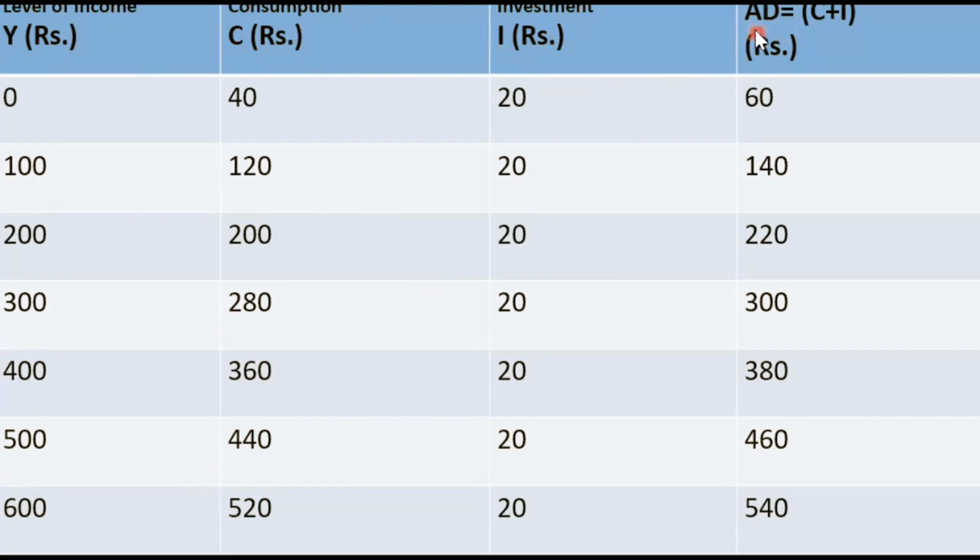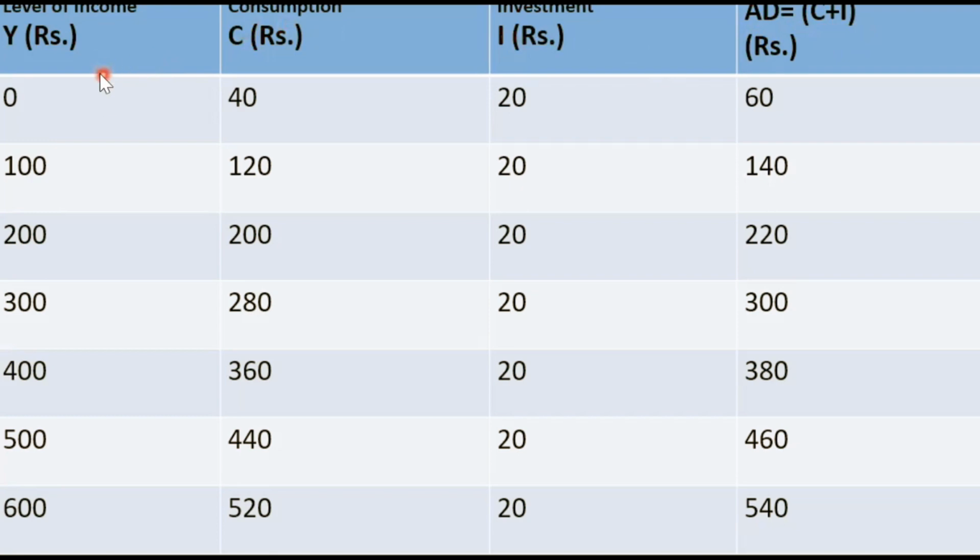And how do we calculate aggregate demand in two-sector economy? That is, AD is equal to C plus I, or consumption plus investment. Let us study this schedule.